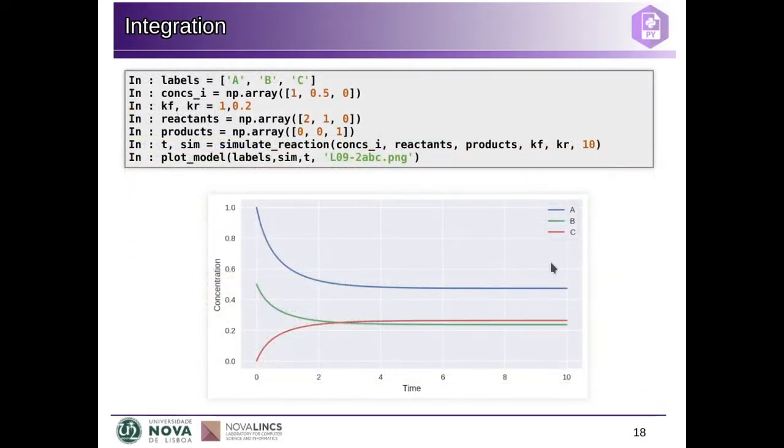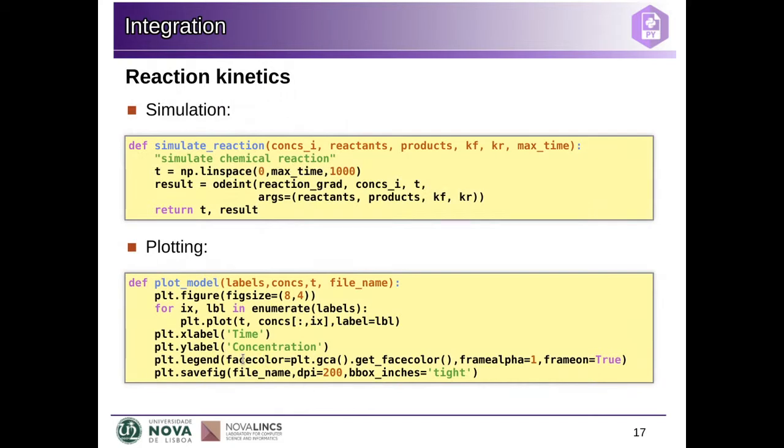If we plot the graphs like this, you see that there are these white lines in the graph. In order to avoid having white lines on the legend itself, I created a legend where I write the frame of the legend, the area where the labels appear, as opaque, so alpha is 1, this is the opacity, and the color I assign to it is the face color of the plot, the axis here.